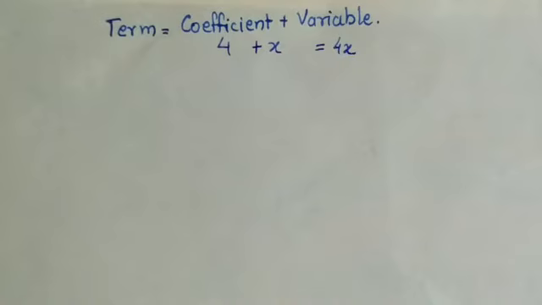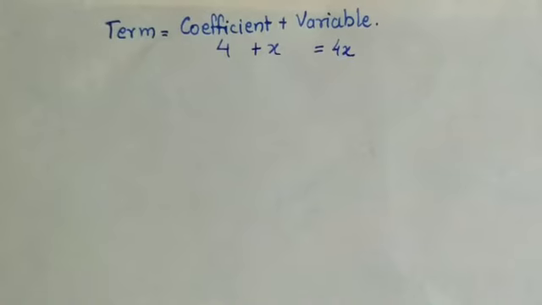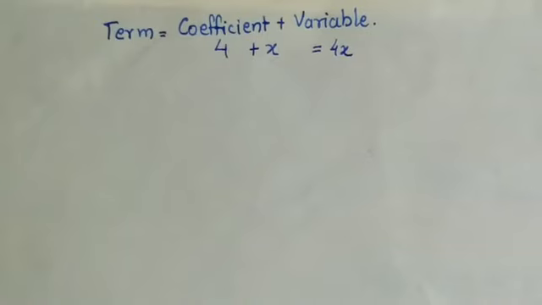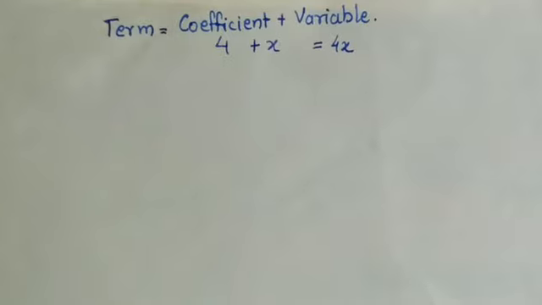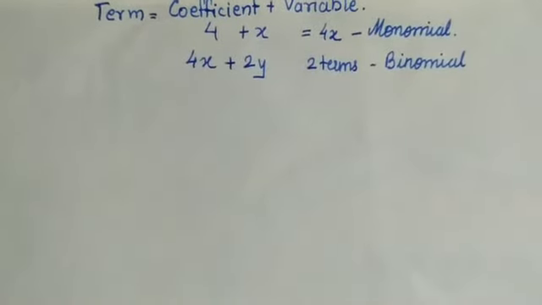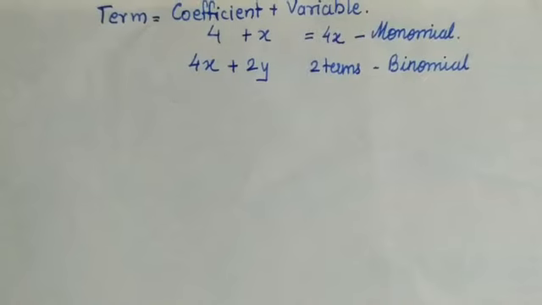For example, we have taken the coefficient as 4 and the variable as x, and the term becomes 4x. So here it is only one term, so it is a monomial. Now I have taken two terms, 4x plus 2y.